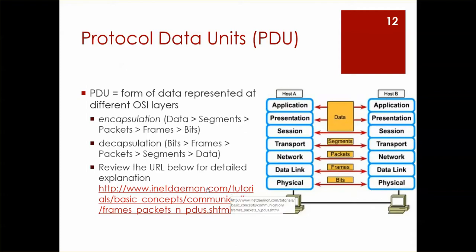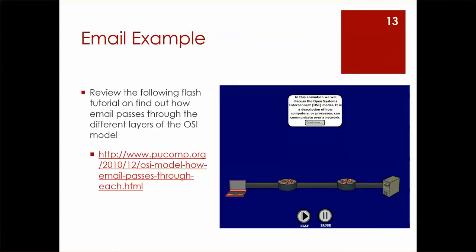If you'd like to find out more information about some basic concepts with respect to the OSI model communication, you can go to the INET Daemon website, which provides some good references and tutorials with respect to this subject matter.